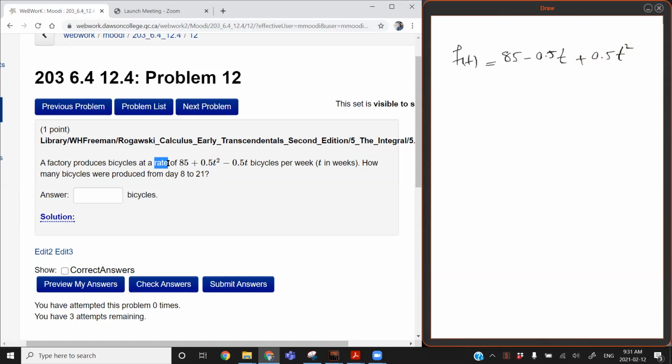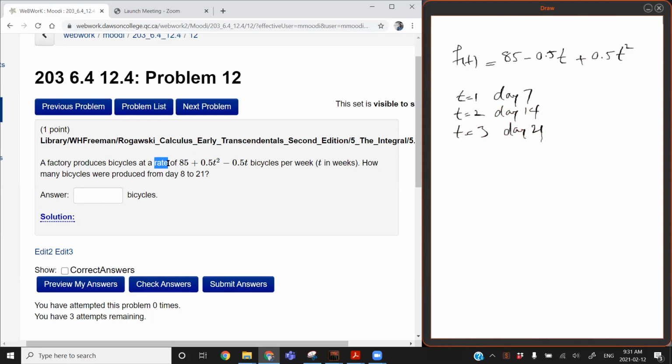This is the rate of change of producing the bicycles, and t is in weeks. Now the question is, how many bicycles were produced from day 8 to day 21? So when t is 1, that would be day 7, because the unit of measurement for time is weeks. When t is 2, that would be day 14, and when t is 3, that would be day 21.